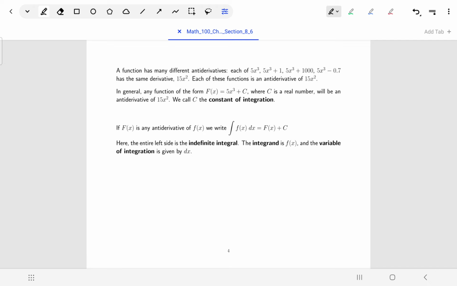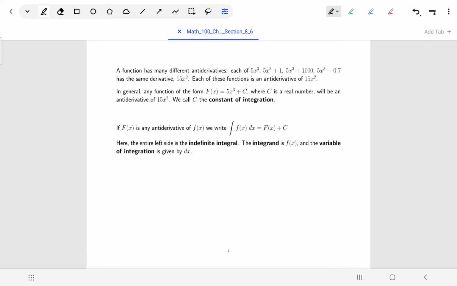It's a real number, and for any real number, capital F of x would be an antiderivative. If c is 1, its derivative is 15x squared. If c is a billion, its derivative is also 15x squared. For any constant c, this function, capital F of x, would be an antiderivative of little f of x.